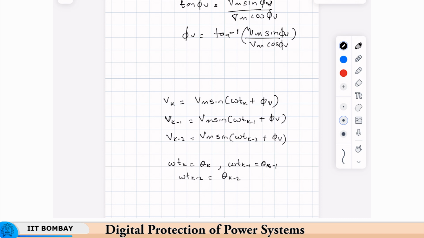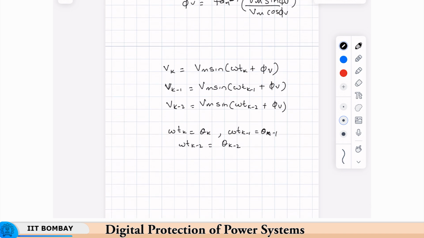So we will expand, using sin a plus b is sin a cos b plus cos a sin b, simple trigonometric expansions. Vk is Vm sin theta k cos phi v plus Vm cos theta k sin phi v.